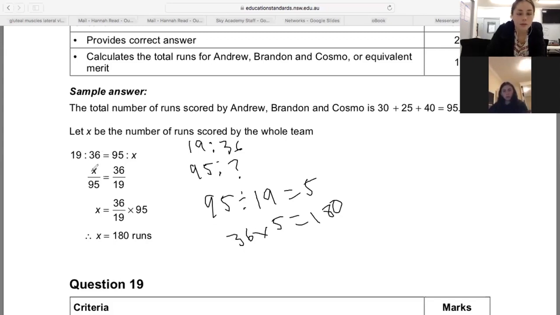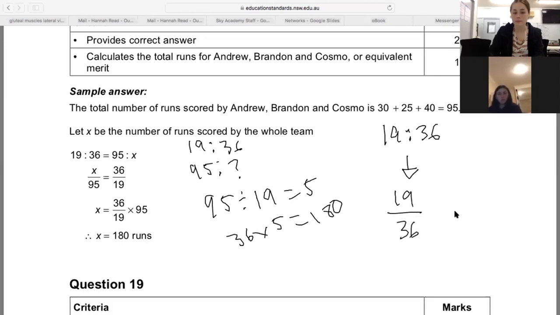Okay, so they put it into fractions and then times the fraction. That's smart. I would not have done that. If that's easier, I'll do that, because you know that a ratio, when written like this, can just be a fraction. Oh no, they did it the other way around, 36 over 19.